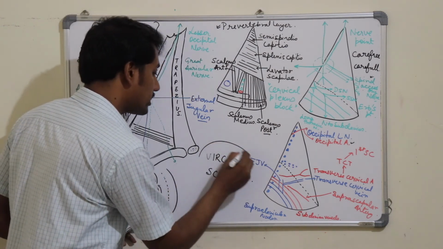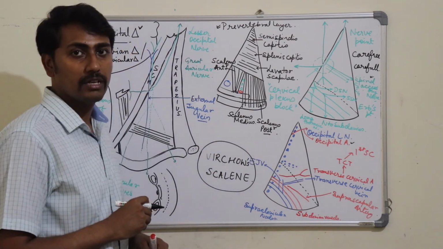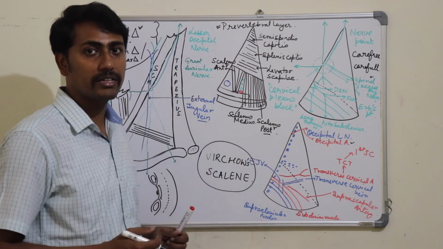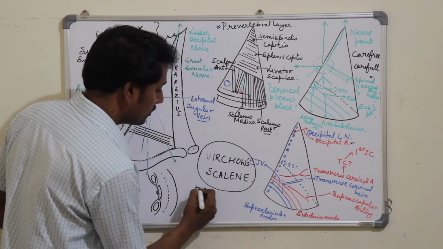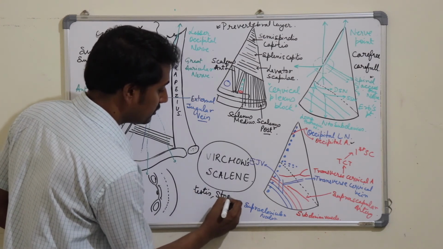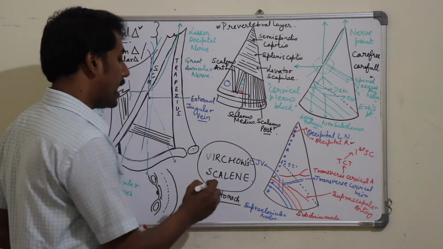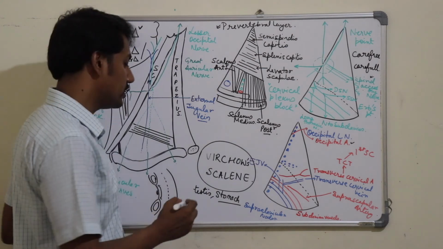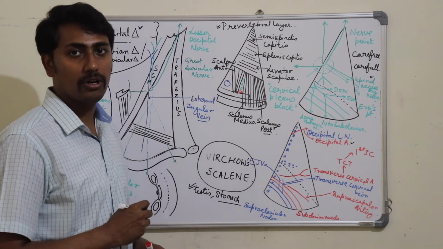These Virchow or Scalene nodes, or the left supraclavicular nodes, are the site of metastasis of distant abdominal organs like the testes and the stomach. So biopsy of these Scalene lymph nodes will lead to early diagnosis of carcinoma in these abdominal organs.